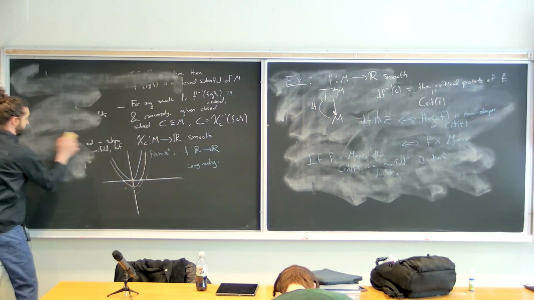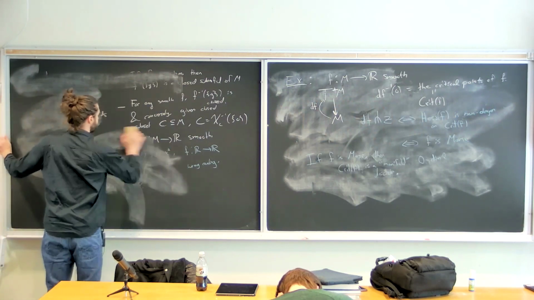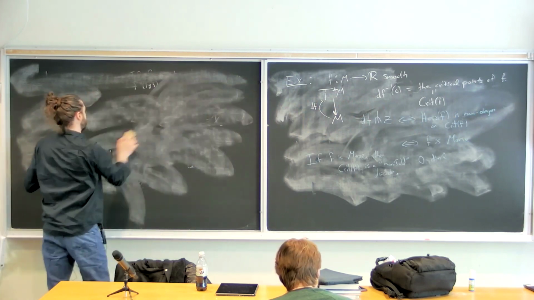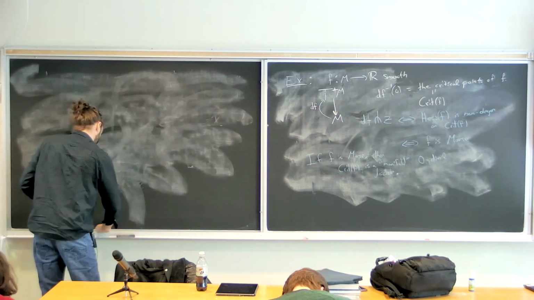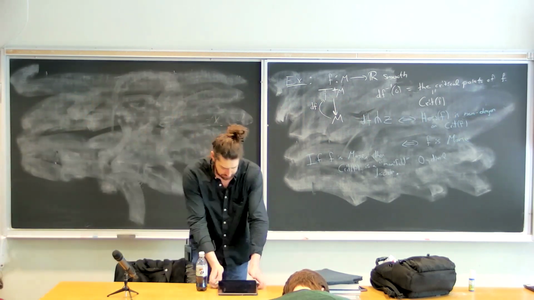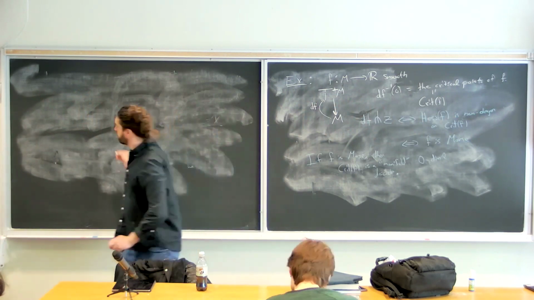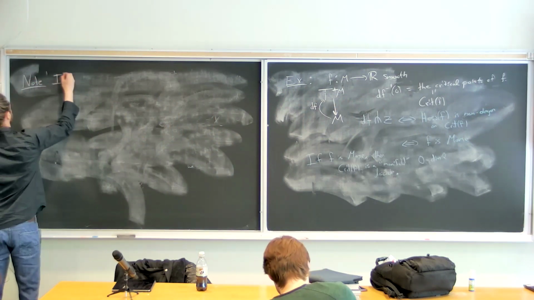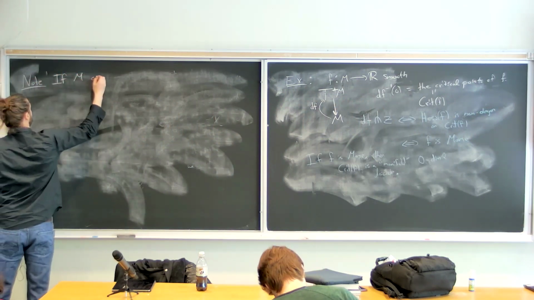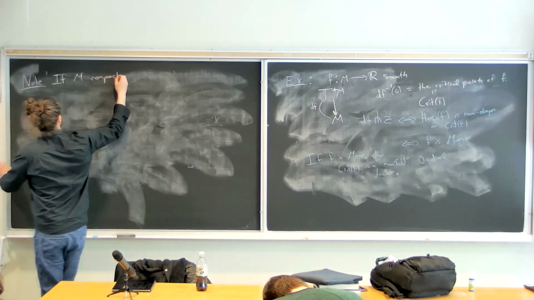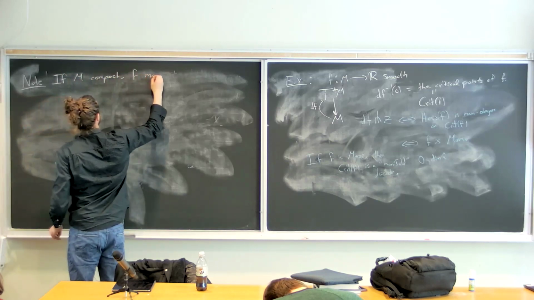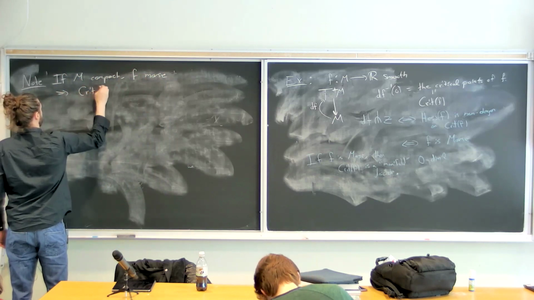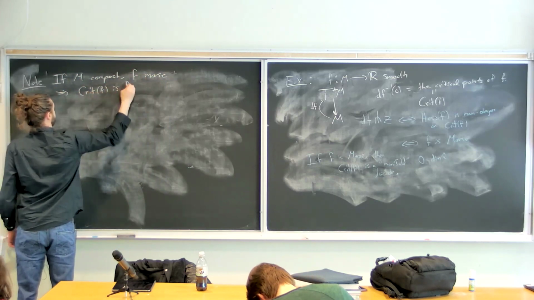Now, usually you need more structure, say, on compact manifolds. And in this case, you don't just have discrete, but you have a finite set. So if M is compact, and f is Morse, this implies that crit f is finite.